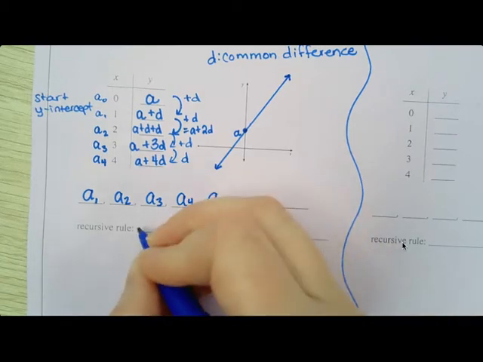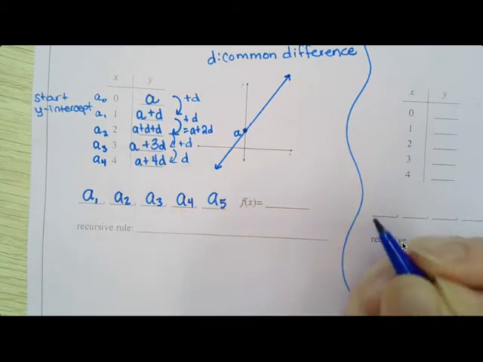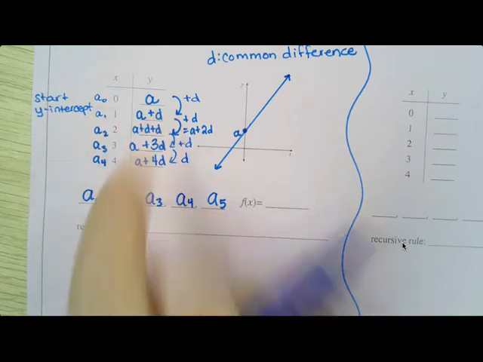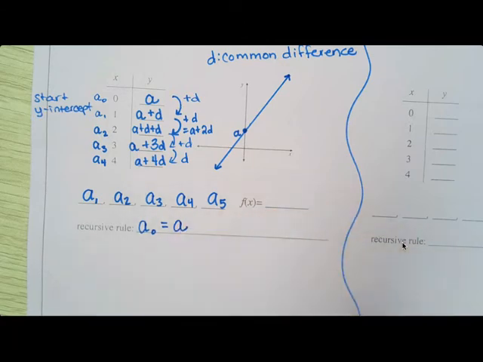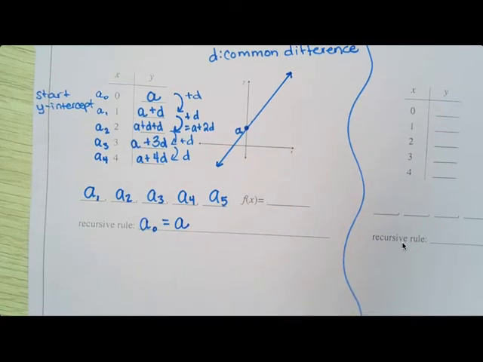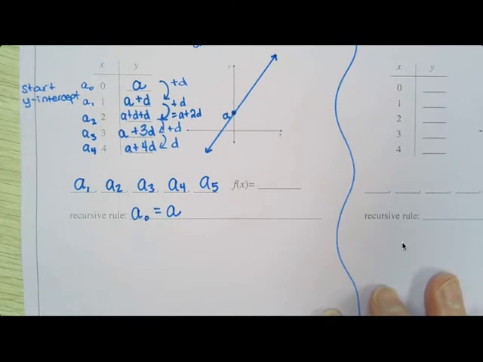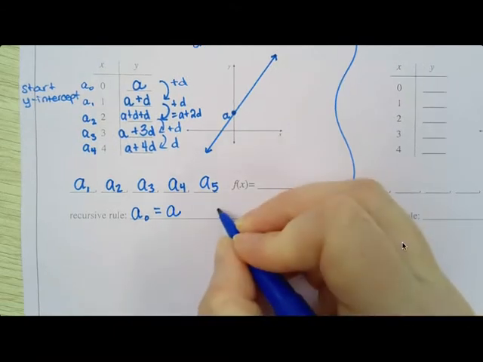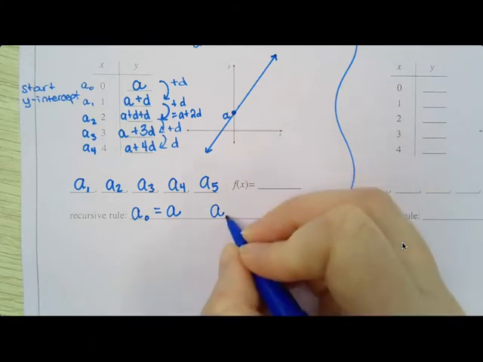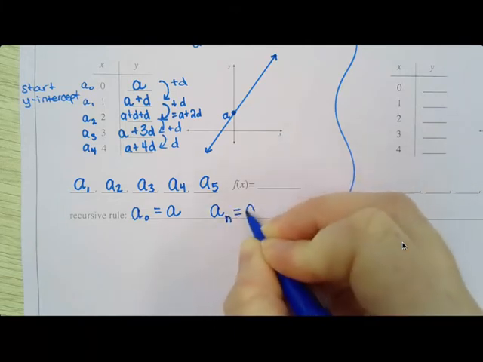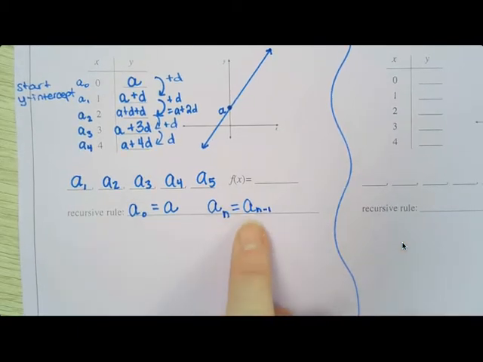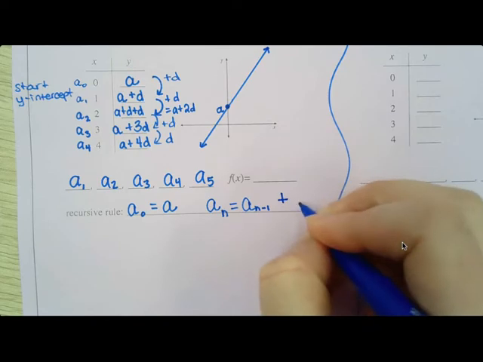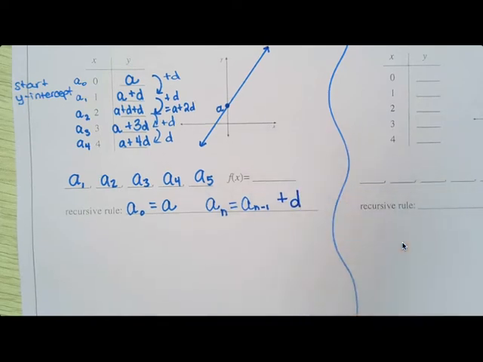Then our recursive rule: our start amount is what A0 is. So we're going to write A sub 0 equals A. And then it's A sub n equals A sub n minus 1 plus d. It's like saying next equals now plus D for that difference, like our bell ringer that we did today.